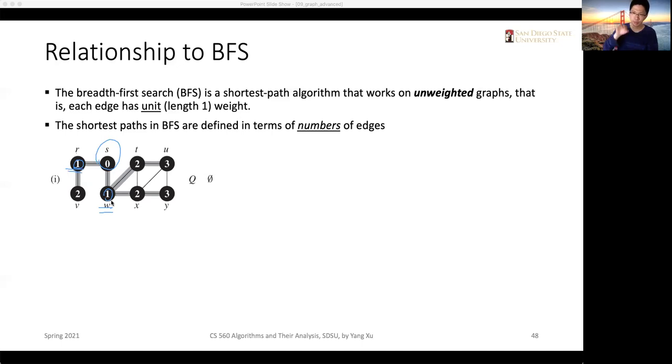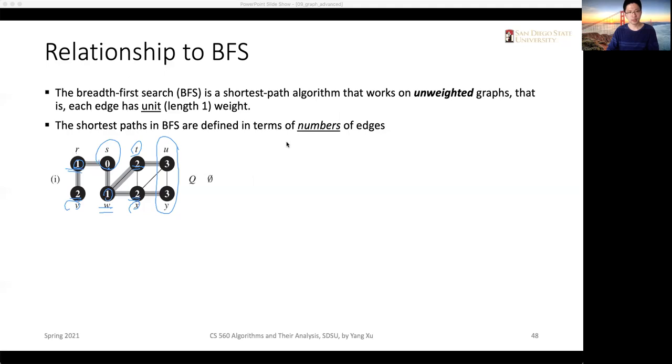And then we go one step further, which we search T, X, and V. And these three vertices all have equal distance, which is 2, from the source vertex. And the next level would be U and Y. They are actually 3 edges away from the source vertex.